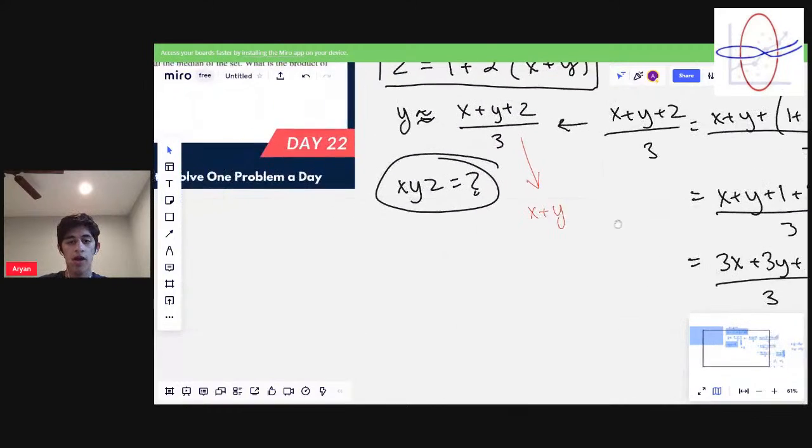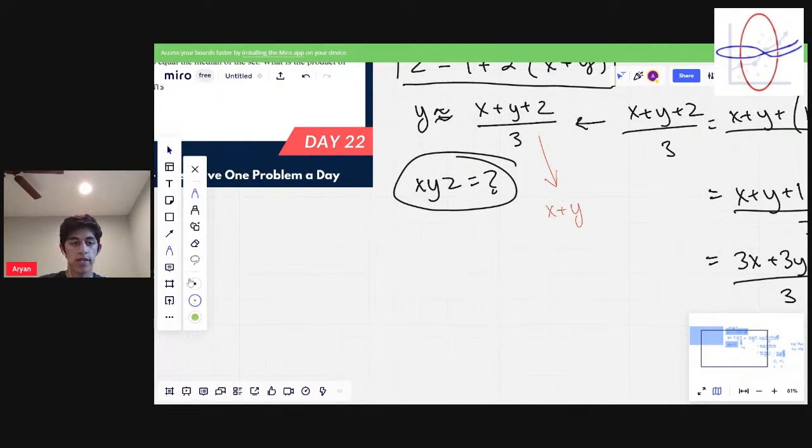So we know that y is equal to x plus y. And what does this mean? x is equal to 0.